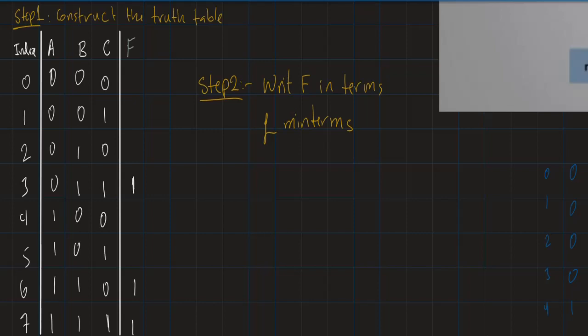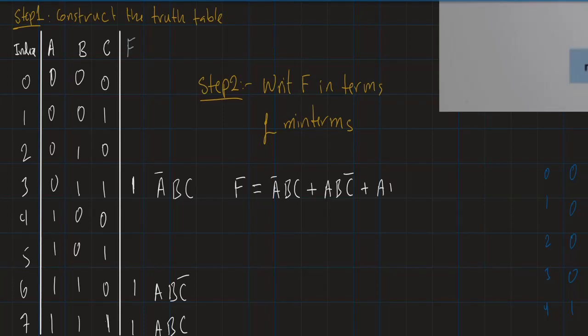The min term for this one will be A bar, and it is A bar because we have a 0 in the A column, and it will be B and C in these 2 columns because I have a 1 for the column B and 1 in the column C. Similarly this will be A, B, C bar, and this will be A, B, C. So in this case my function f will equal A bar B C, or A B C bar, or A B C.